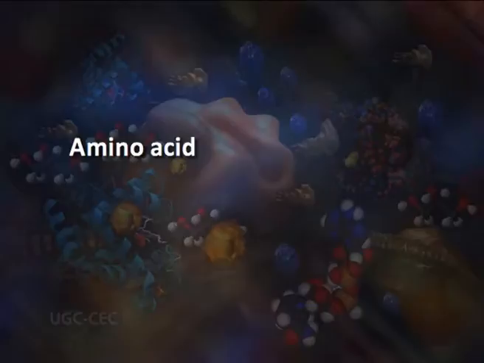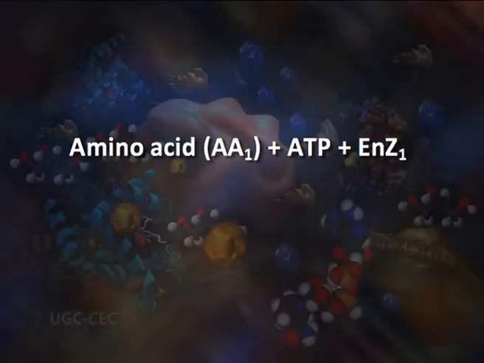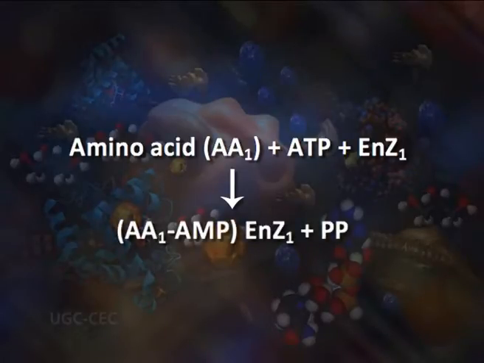Activation of amino acids is brought about by the binding of an amino acid with adenosine triphosphate, abbreviated as ATP, in the presence of activating enzymes known as amino acyl ribonucleic acid synthetases. This reaction results in the formation of amino acyl adenosine monophosphate, abbreviated as AMP, enzyme complex as shown here on the screen.